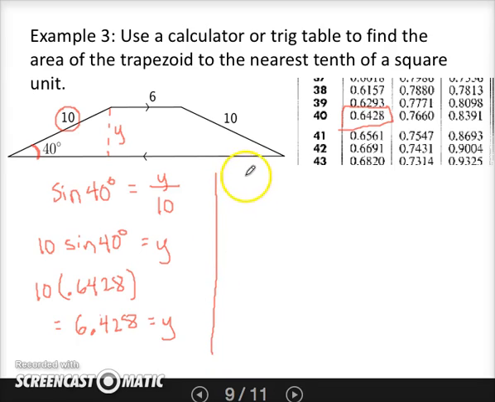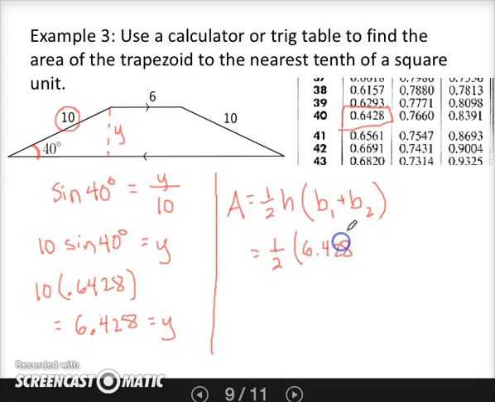Okay, now I can apply my area formula. So the area is 1/2 times the height times first base plus the second base, which equals 1/2 times, my height was y, 6.428 times, the little base is 6, and on the last slide I found 21.32 was the measure of the long base.